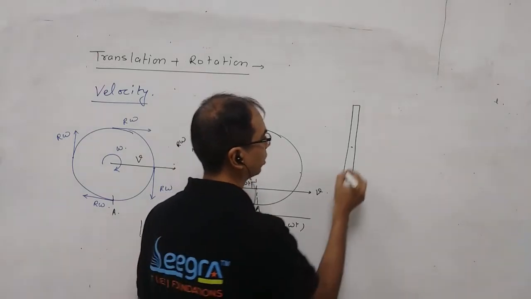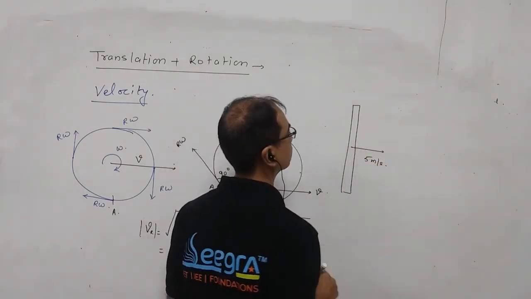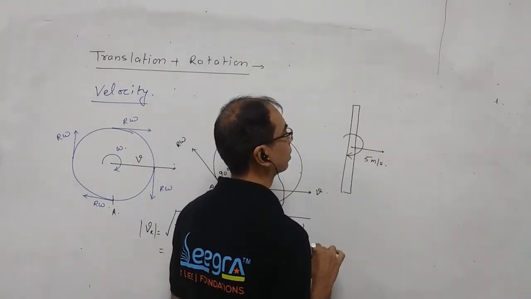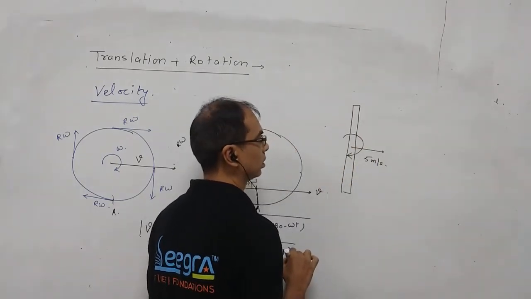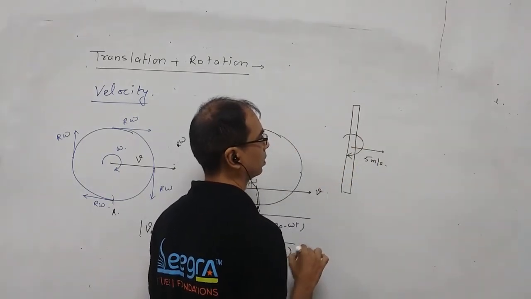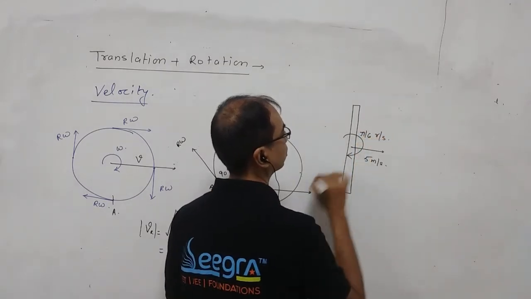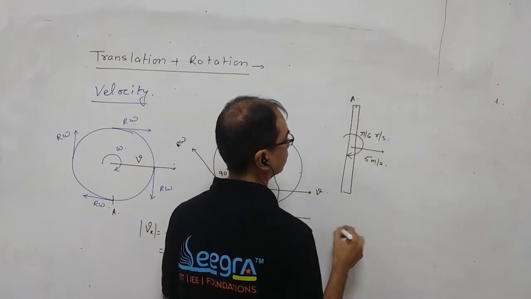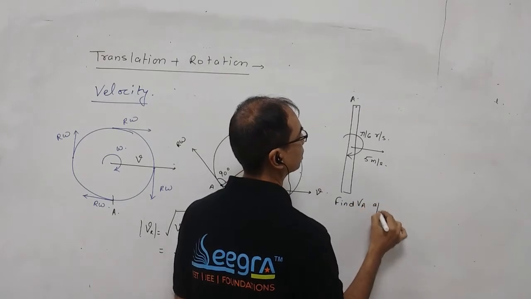Let's say our rod here is moving with 5 meters per second, and at the same time it's rotating with omega, let's say 5/6 radian per second. And I want this point's velocity, point A. Find the velocity of point A after 2 seconds.